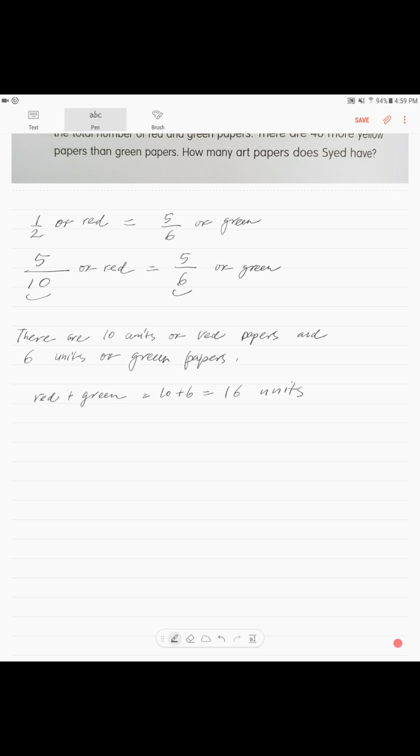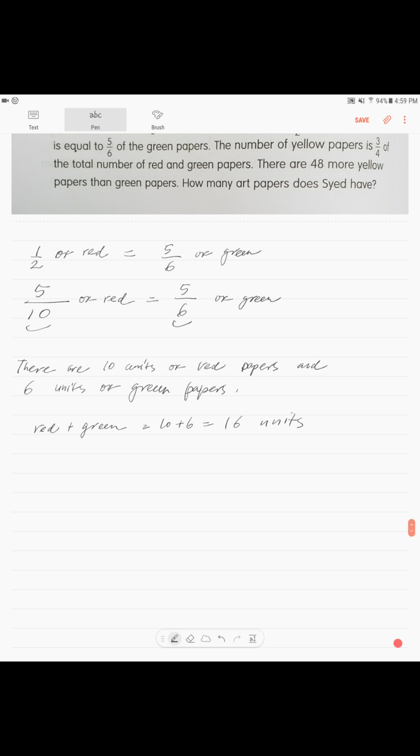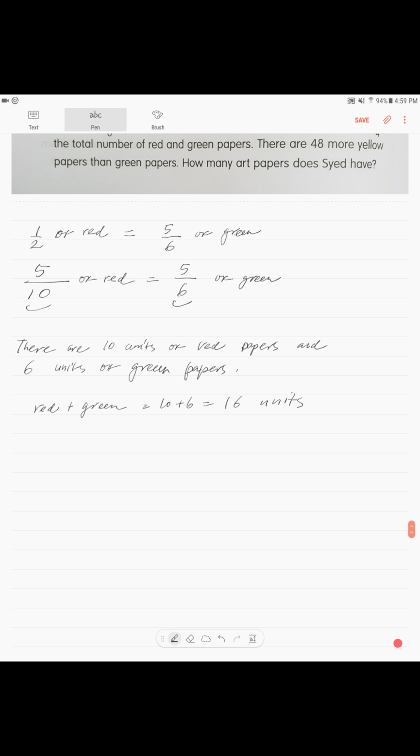Now, our next relationship is what they tell us about yellow papers. Yellow papers is 3/4 of these 16 units, right? So this is simple. We just write our yellow is 3/4 of 16 units. You do the math, it's going to be 12 units.